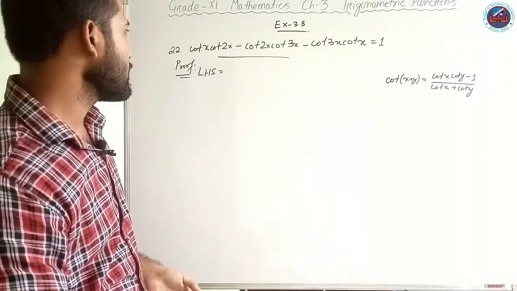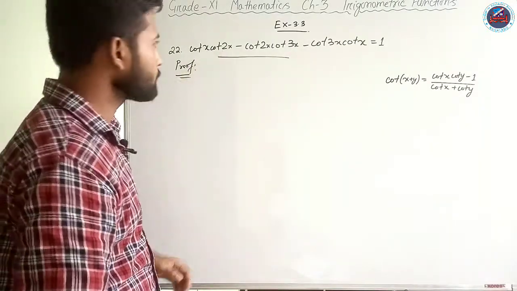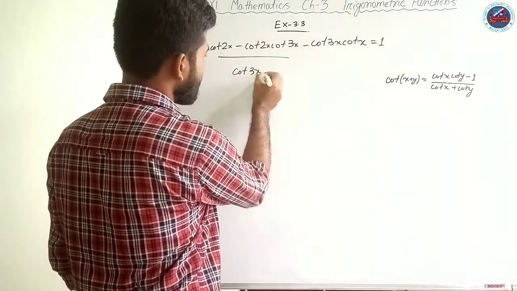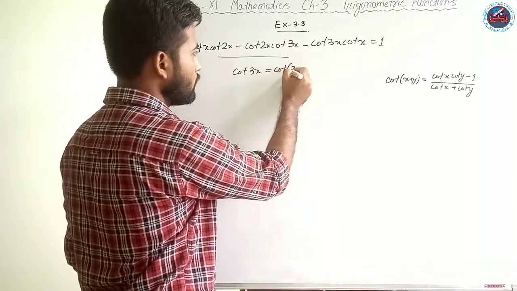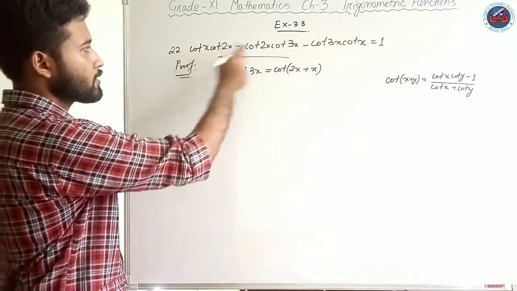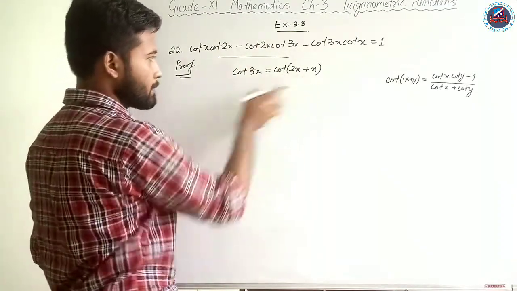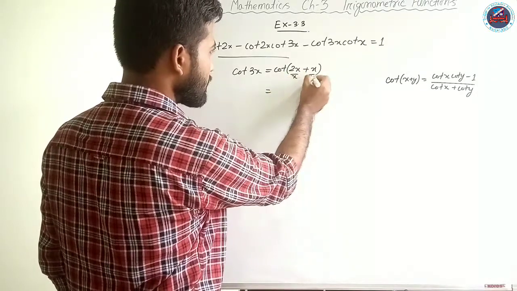Or another easy way, actually this process I have given in the PDF, is that you can consider cot of 3x. So what is cot of 3x? It can be written as cot of 2x plus x. You see that here they have 2x, so accordingly we have expanded it. Now what is cot of x plus y? Consider this as x and this is y.